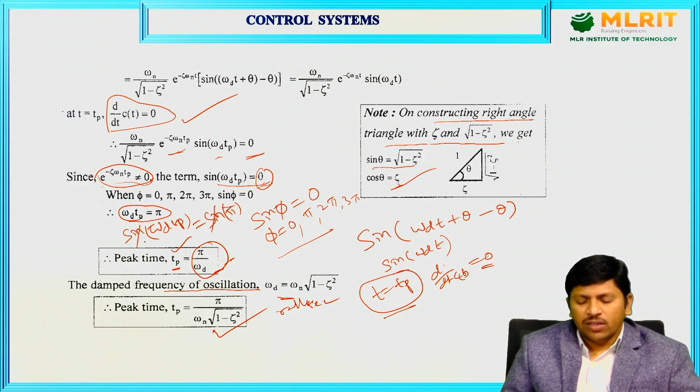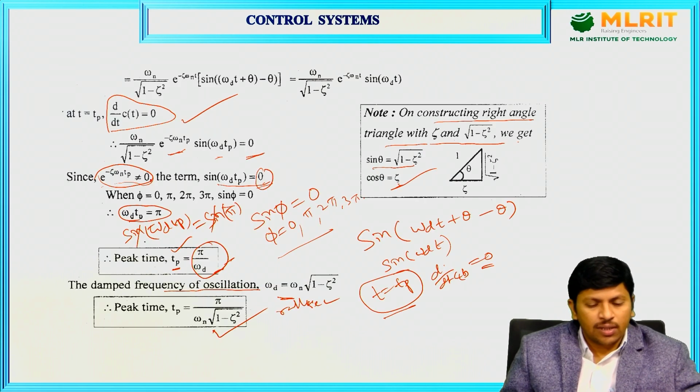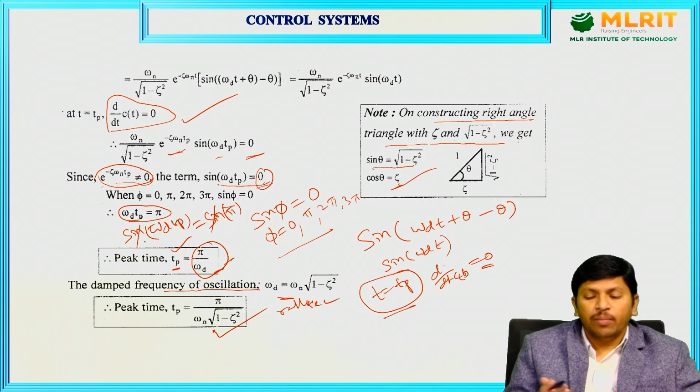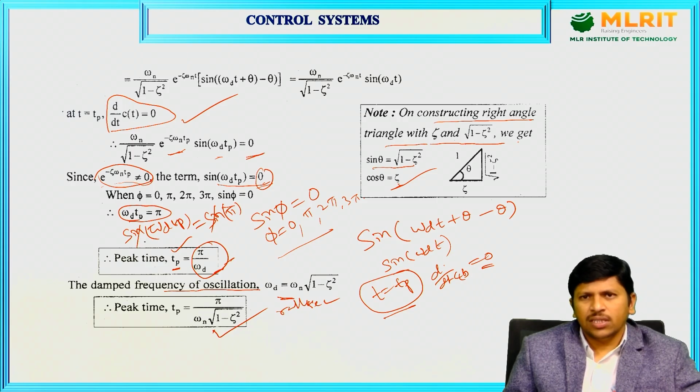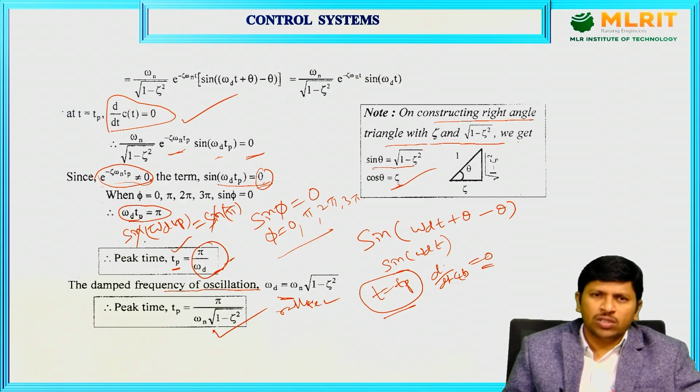Simply, this is the derived expression of the peak time as well as the rise time, right? See, observe, for this we constructed a right angle triangle with zeta and under root 1 minus zeta square, from which we substitute the sin theta and cos theta values. For every signal, the peak value is calculated by differentiating the signal response and equating it to 0, and then we get the peak value or peak time.